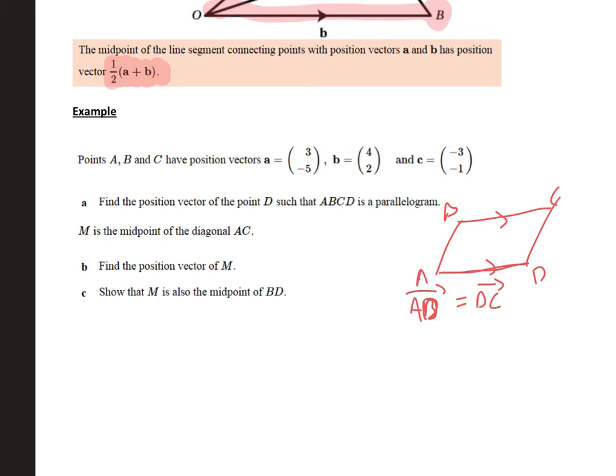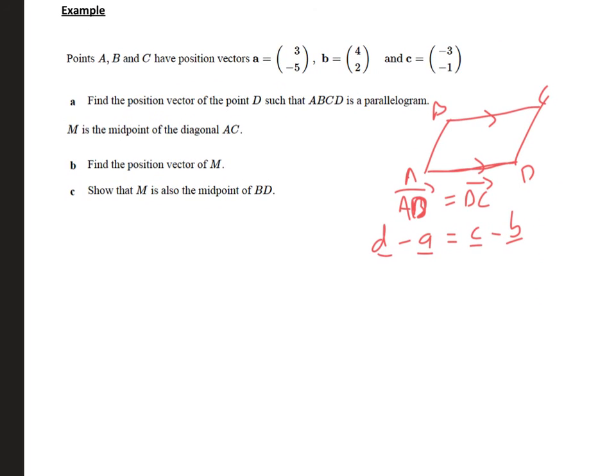Okay, so let's work that out. A to D is d minus a, and B to C is c minus b. Let's stick the numbers in. So I get d minus (3, -5), c was (-3, -1), and b was (4, 2).